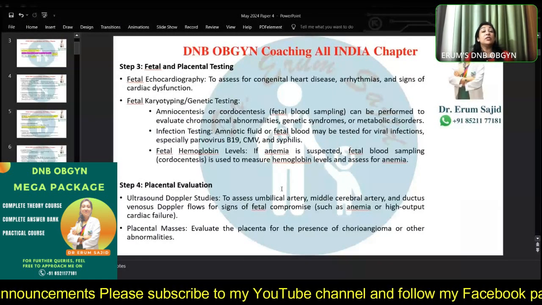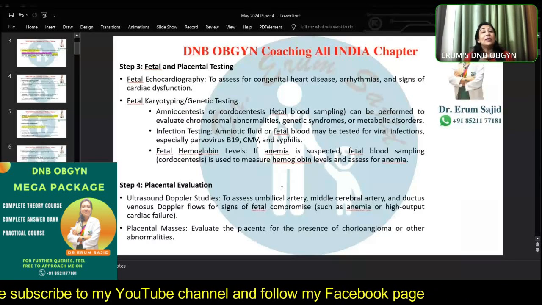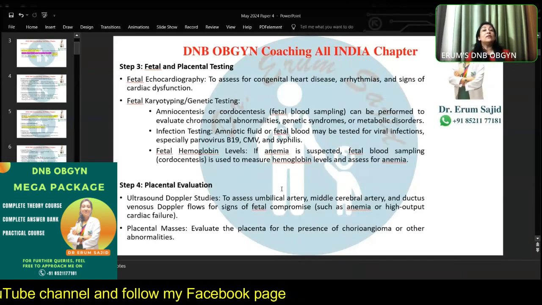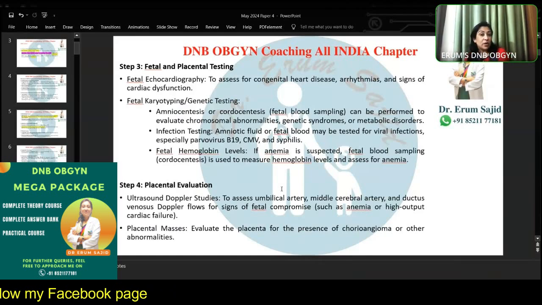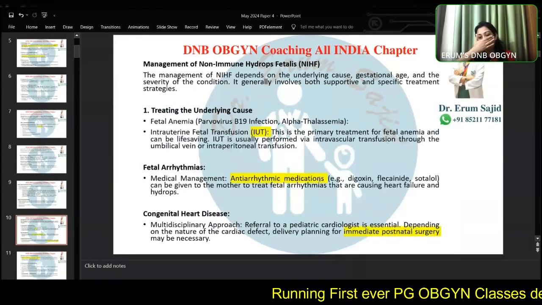You need to see the genetic testing for all these trisomies, and you want to go in for infection testing for all the infections, and then hemoglobin levels, because you're still thinking whether it's anemia or not, because parvovirus will cause anemia. Anemia is being caused in the fetus, but it's not because of Rh isoimmunization, it's because of CMV or toxo or parvo mostly. And then placental evaluation, of course, through ultrasound mostly. Placental mass like chorioangioma, they are responsible for the cause.